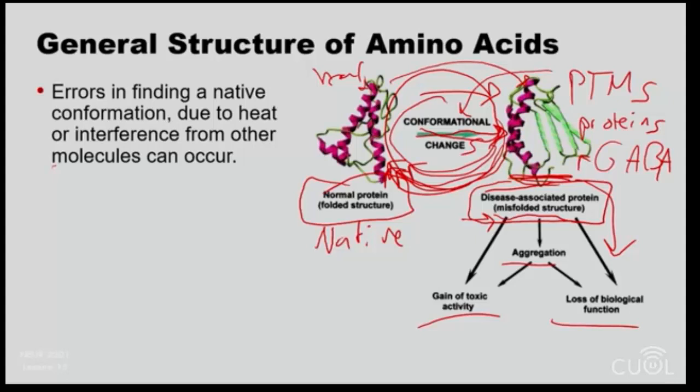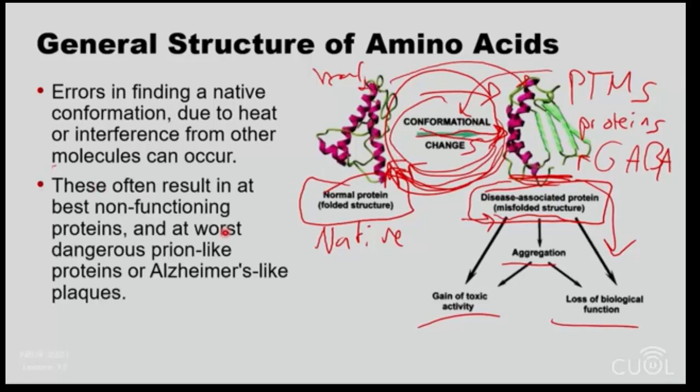So it's almost like the disease progresses, it spreads throughout the brain by one misfolded protein causing another native conformation protein to misfold. And then that just keeps propagating that way until there's a loss of biological function or a gain of toxic activity and things shut down.